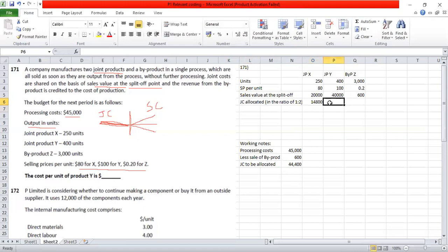And the other one, so this is the total joint cost which is allocated.